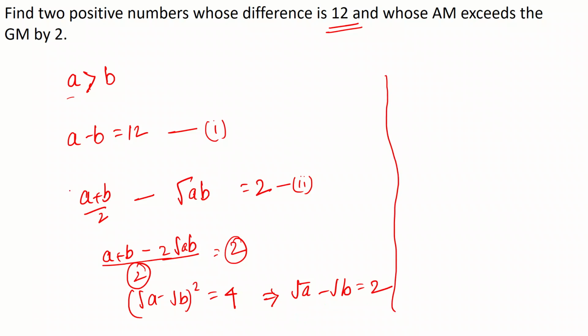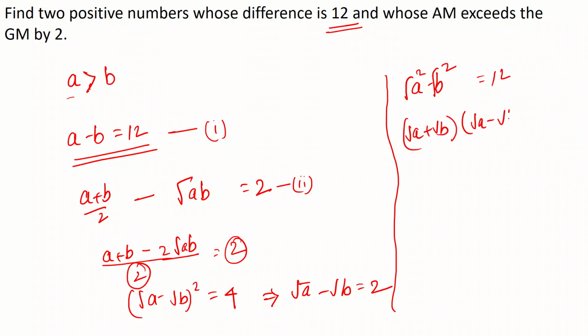Now consider this, A minus B is equal to 12. We can factorize it. I can write A as root A whole squared minus root B whole squared. So I have (root A plus root B) times (root A minus root B) equal to 12. Root A minus root B is known to me.